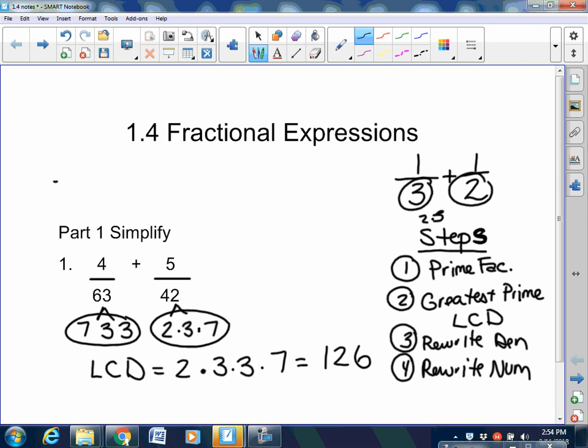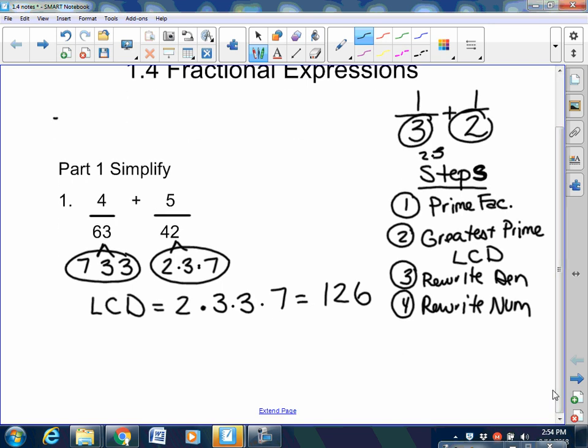So, keep on going with this. We found out that the LCD is 126. You're going to rewrite the denominators now so that they're the same. They're the same, right? And now you have to rewrite the numerators, right?